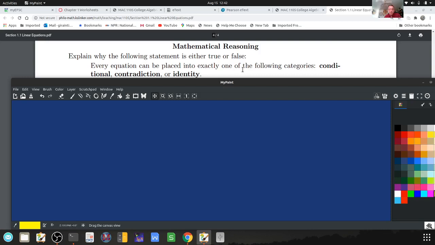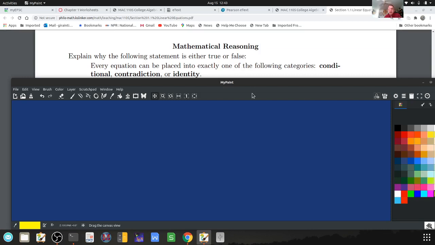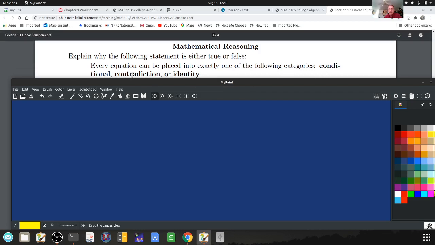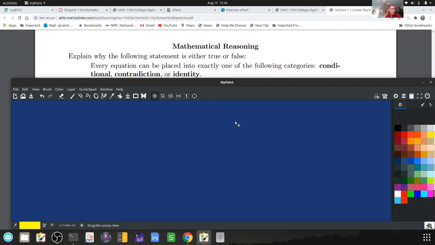Every equation can be placed into exactly one of the following categories: conditional, contradiction, or identity. So the way that you would do that, that's one possible reasoning, you would look at the definitions and ask yourself, is it possible, and you can just consider linear equations, for a linear equation to be both conditional and contradictory?